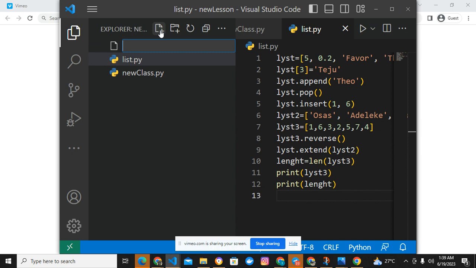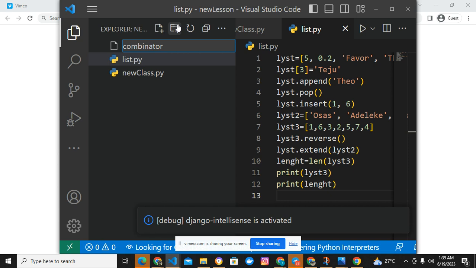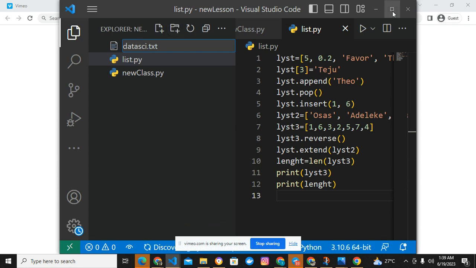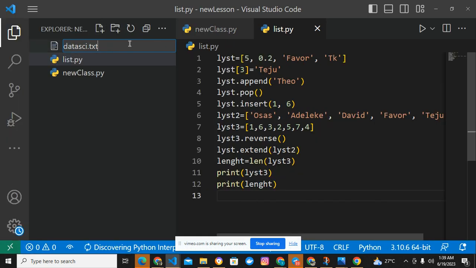Let me not call it combinatorics. Let me say data science, as a text file.